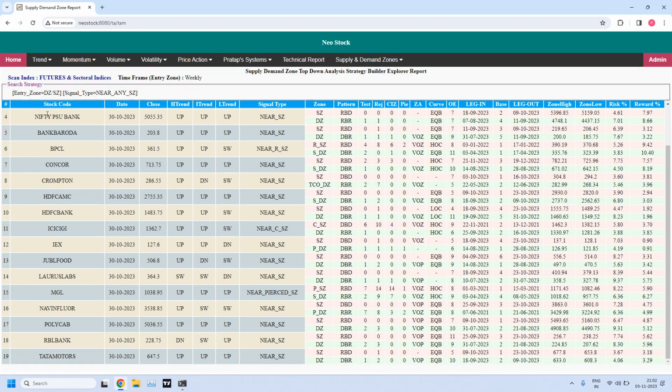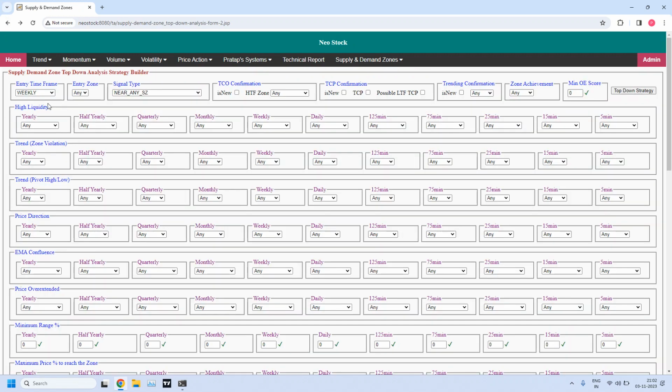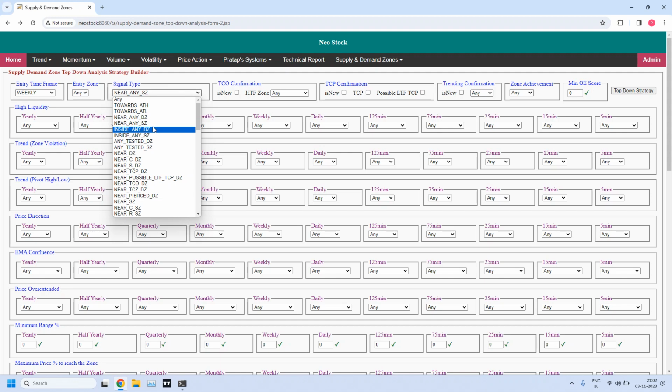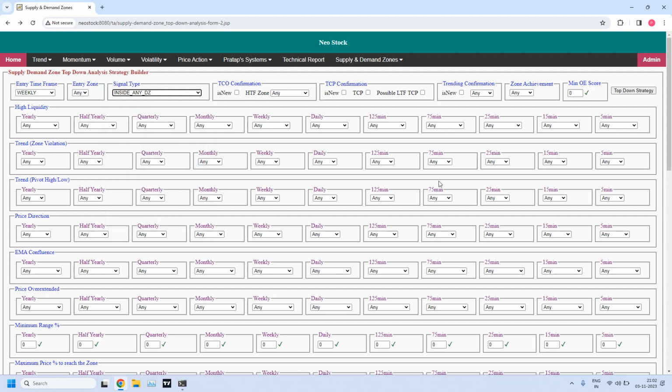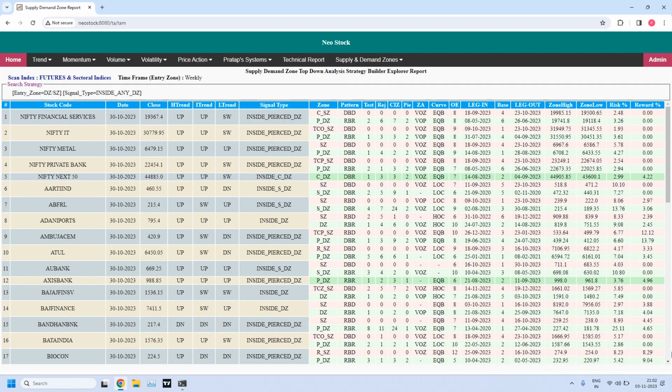So let's go back. Entry time frame is weekly. Let us find the stocks which are closed inside the weekly demand zone. We have a good list.